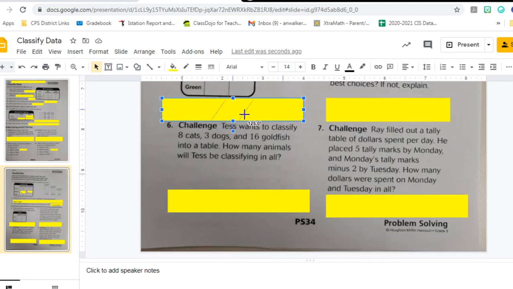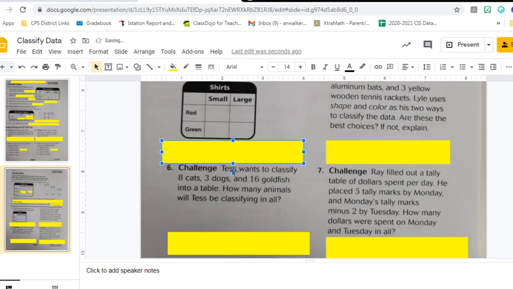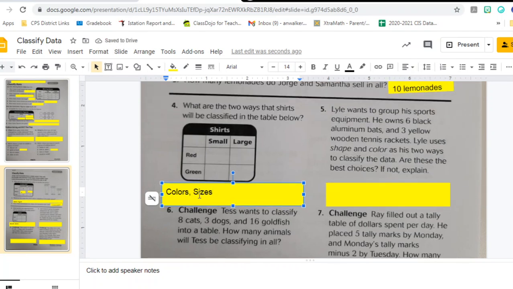I'm glad I found that so it didn't cause you guys trouble. So red and green are both colors of shirts. So my shirts are classified by color, and they're also classified by small and large. Well, small and large are both sizes. So my shirts were classified by color and by size.